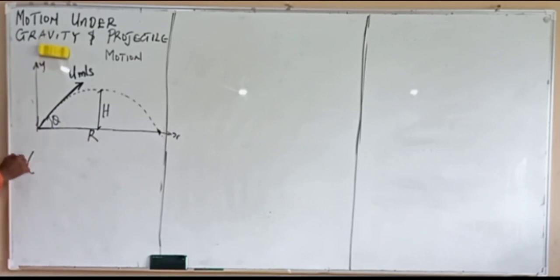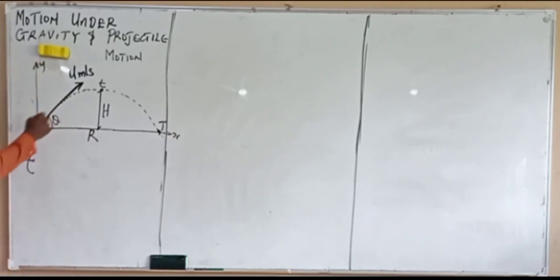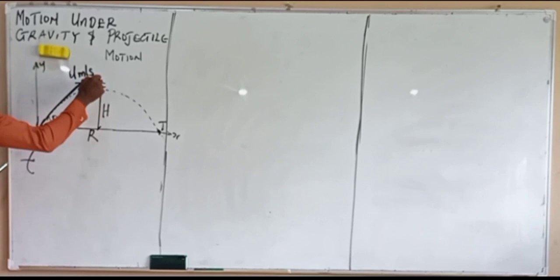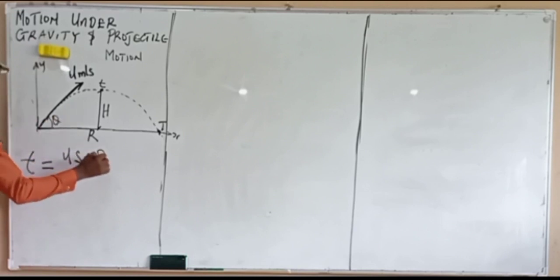The time taken for the body to move from this place to the maximum height is called the time to maximum height. Now this one we call the time of flight, from here to here. The time to maximum height is denoted as u sine theta over g.